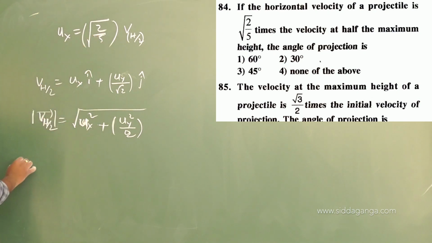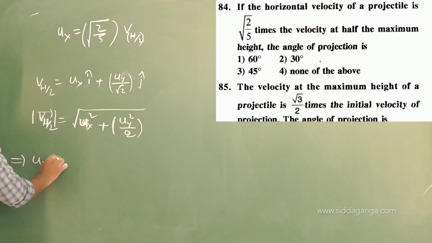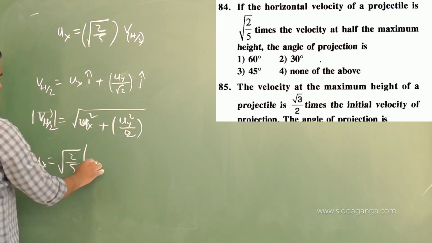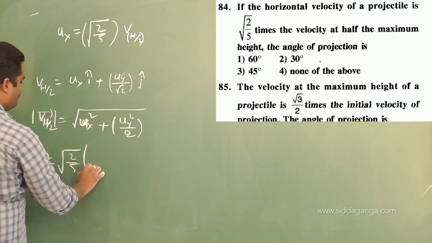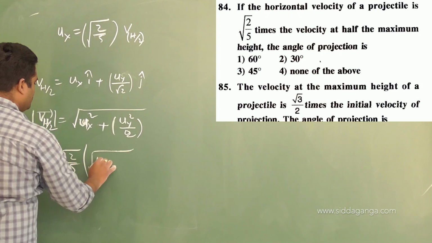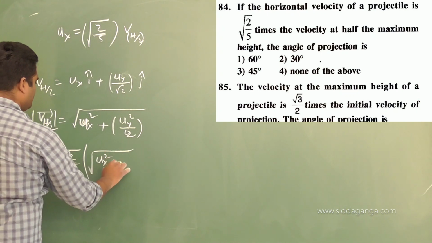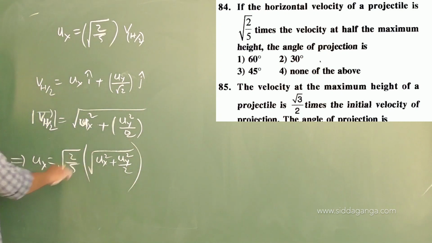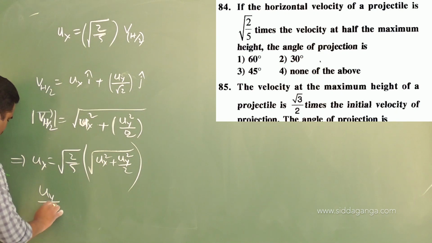This is half of the maximum height, right? Implies ux equals root of 2 by 5 into this value. At half the maximum height the value is root of ux square plus uy square divided by 2. You have to solve this equation and get the ratio of uy by ux.